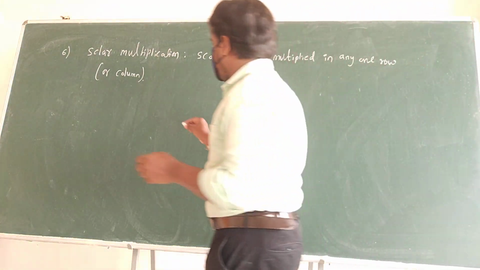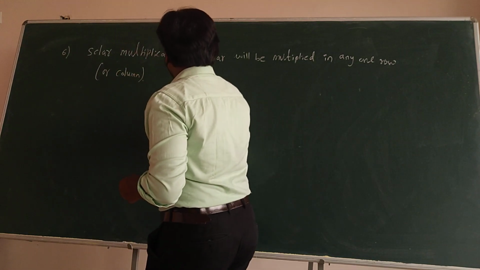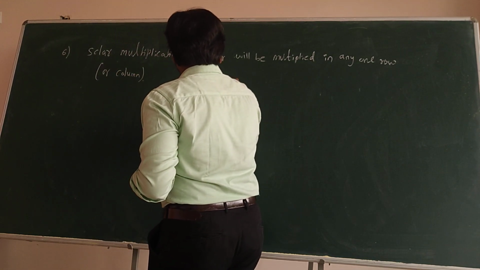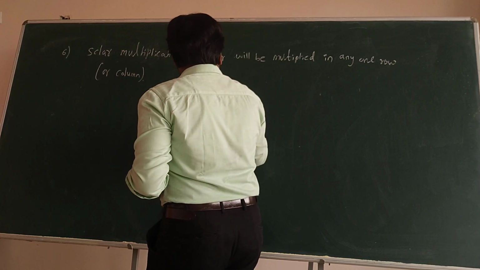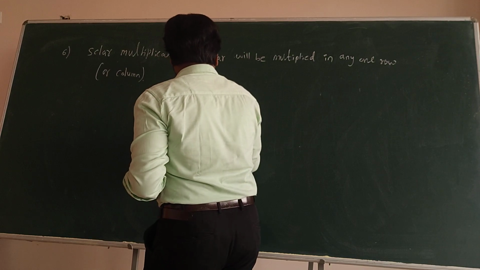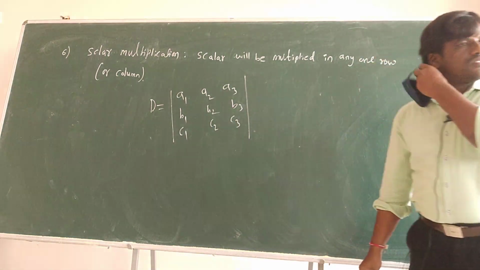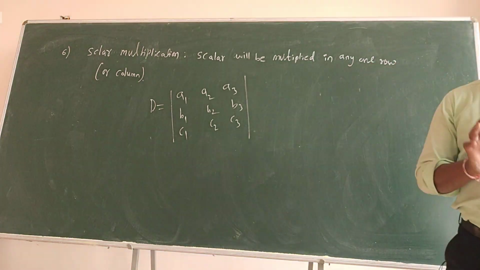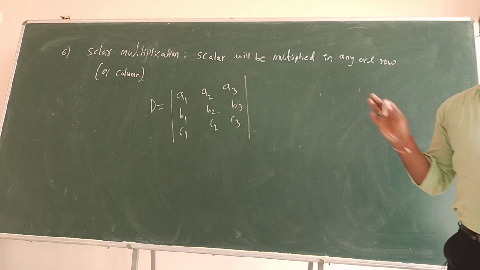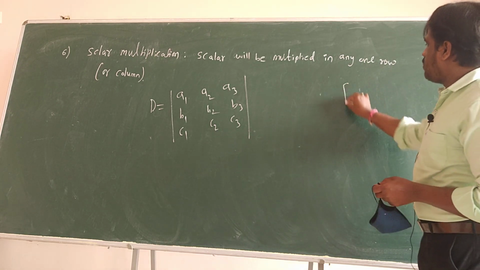Suppose you have a determinant D that is A1, A2, A3, B1, B2, B3, C1, C2, C3. This value is D, means the result is D. Now I multiplied with a K. Like in matrices we used to multiply with K. So what did we used to do?